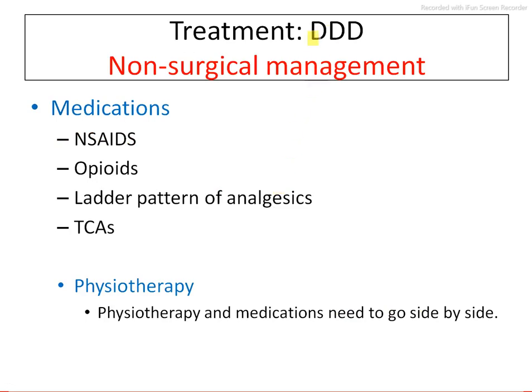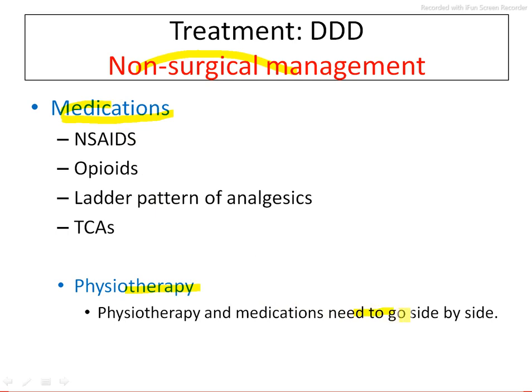Now what are the treatment modalities? Two types are there, non-surgical management and surgical management. These days newer guidelines tell that surgical management is not advocated in degenerative disc disorders. So initially we need to go for non-surgical management, which includes medications and physiotherapy.